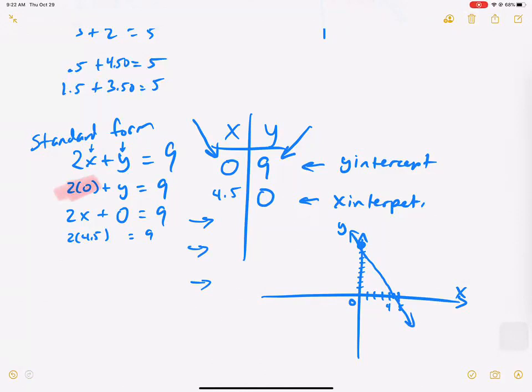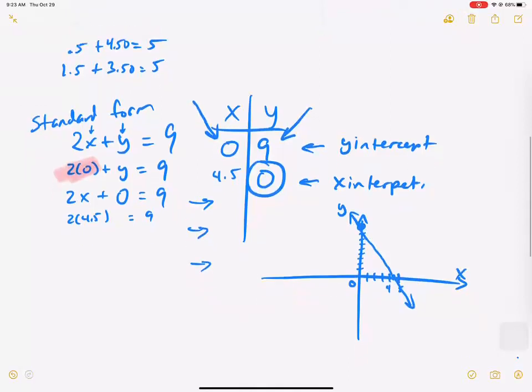Or if you're angry with your dad, right? You go to your mom. But you block off the one you don't want to hear from. So if I say y-intercept, I block off the x because I don't want to hear from it. If I'm looking for x-intercepts, I block off the y's because I don't want to hear from it.